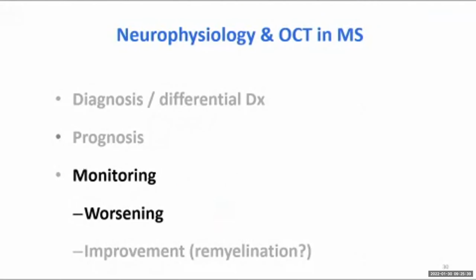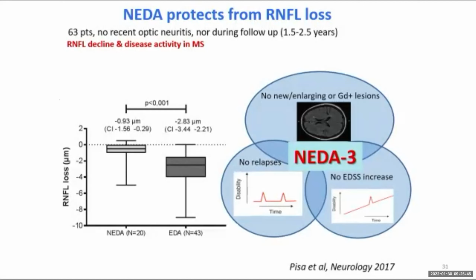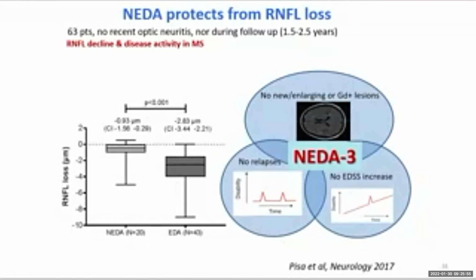But we can use them also to monitor disease. Patients with evidence of disease activity, defined clinically and with new or enhancing lesions, have more neuroaxonal loss in the retina over time compared with patients without, who are not fully stable, as they can show some axonal loss.